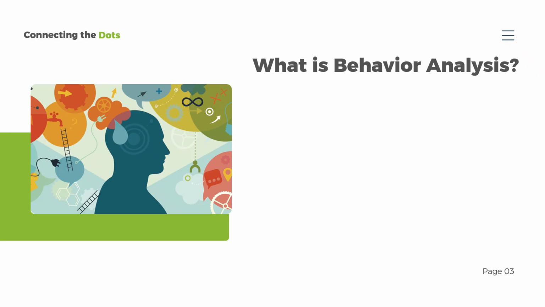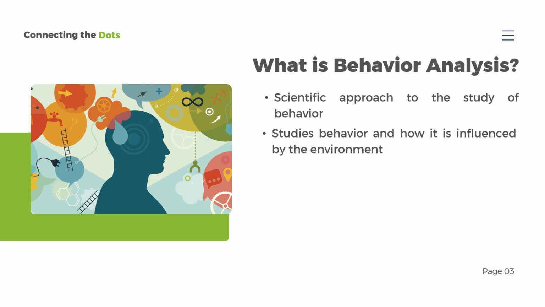Let's first start off by going over what behavior analysis is. Behavior analysis is the science of behavior. It involves understanding how behavior is learned and maintained through environmental interactions. The environment refers to everything outside of us that can be influenced by our behavior.